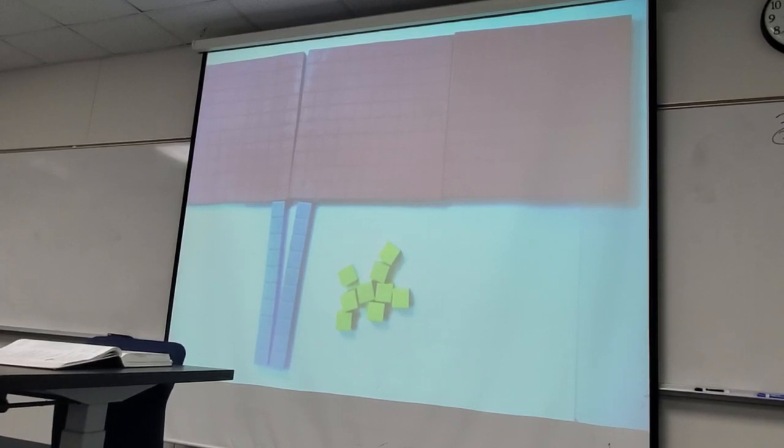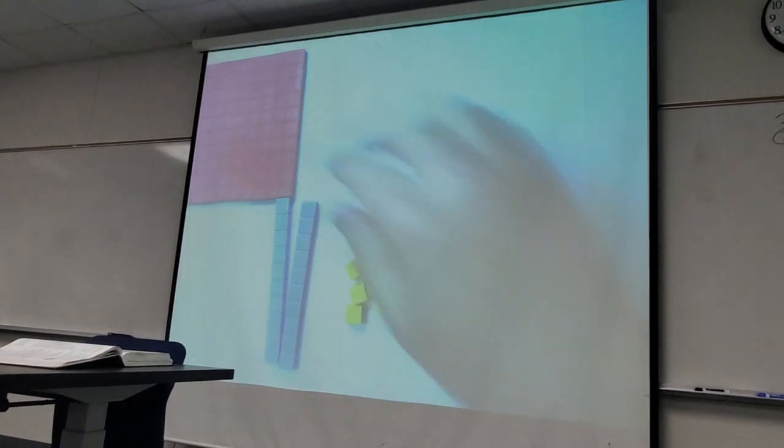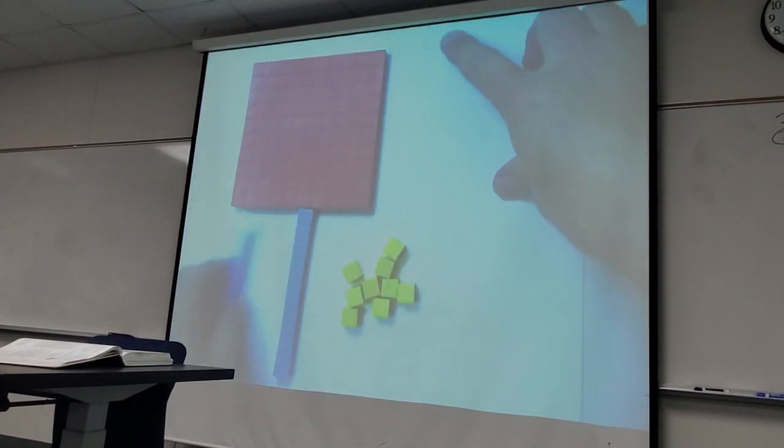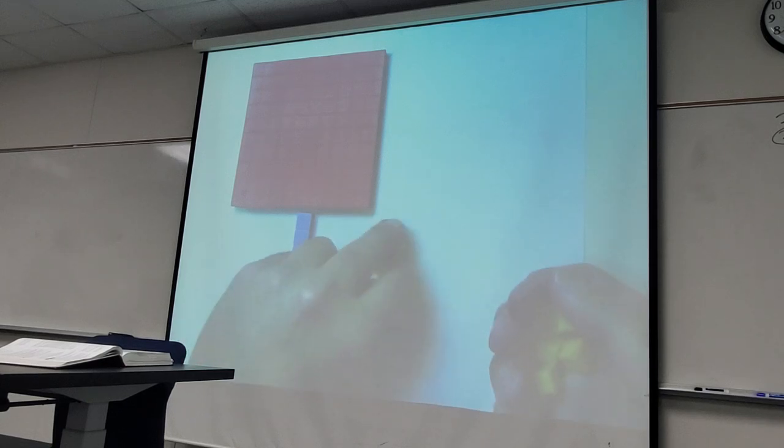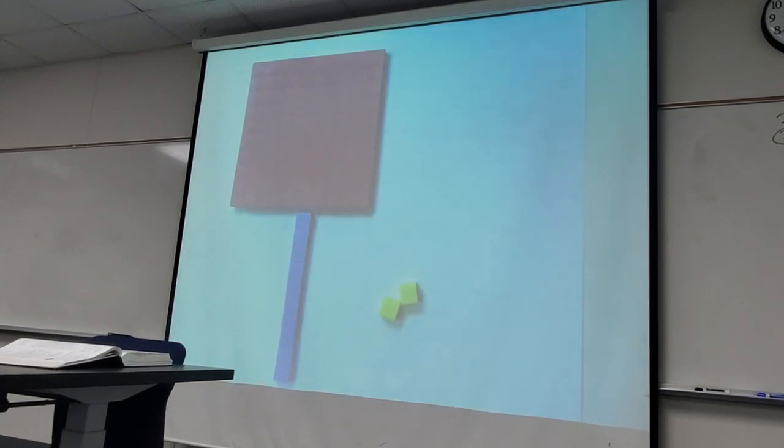So, how do I then take away 217? This one's pretty straightforward, correct? Yeah. So what do I take away? 2 flats. 1 long, and 7 of these, 1, 2, 3, 4, 5, 6, 7. I like it.